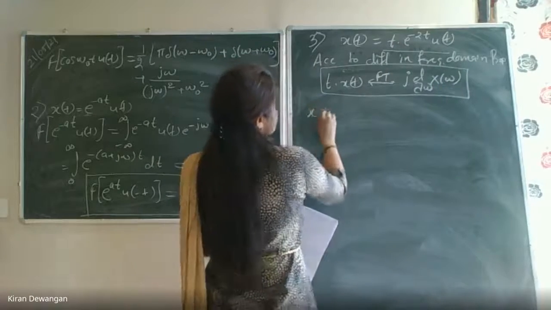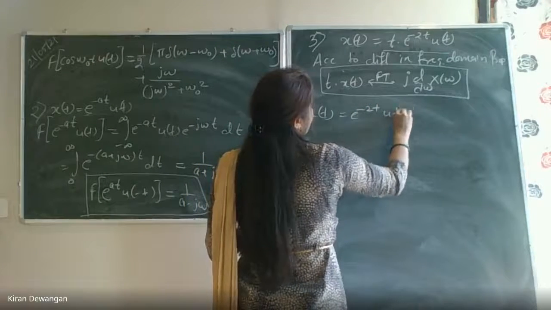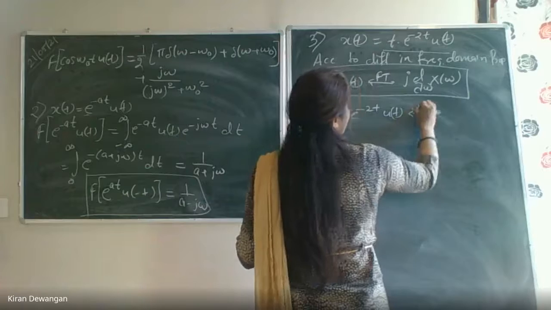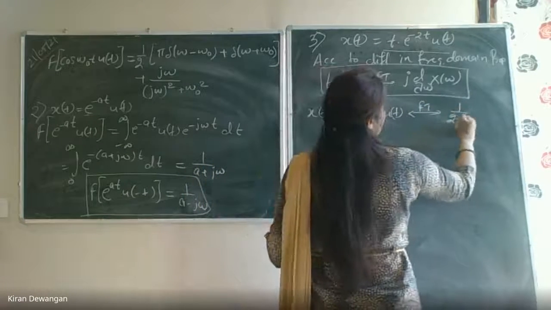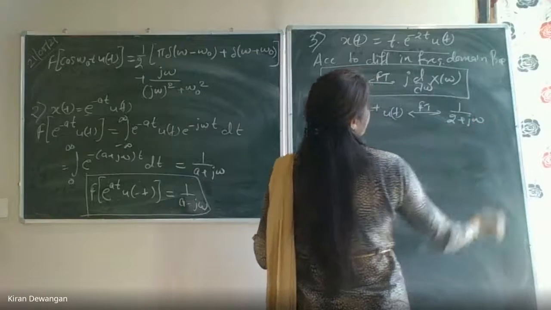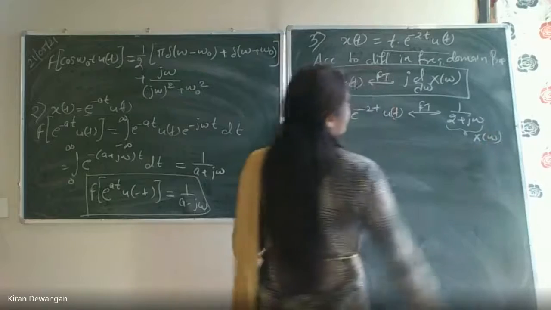Now what is x(t)? x(t) is e to the power minus 2t u(t). And what is its Fourier transform? We have already calculated. The Fourier transform is 1 by 2 plus j omega. So this is going to be our X of omega. ठीक है?